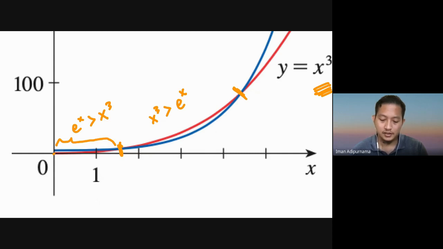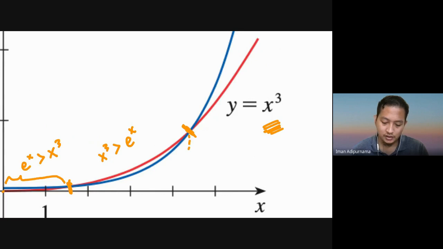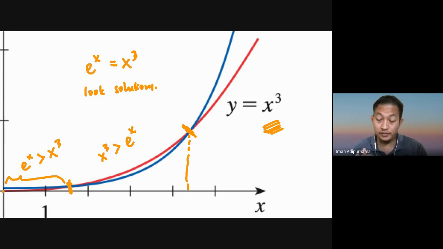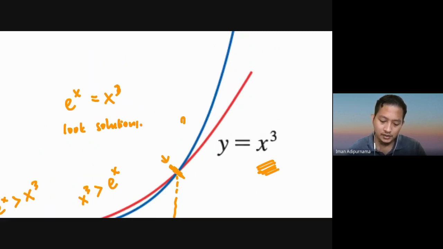But after some point here, you can find the point if you want and look for solutions. I will leave that to you. When you reach this point here, e to the x is getting larger, and eventually you see the gap is getting bigger, right?